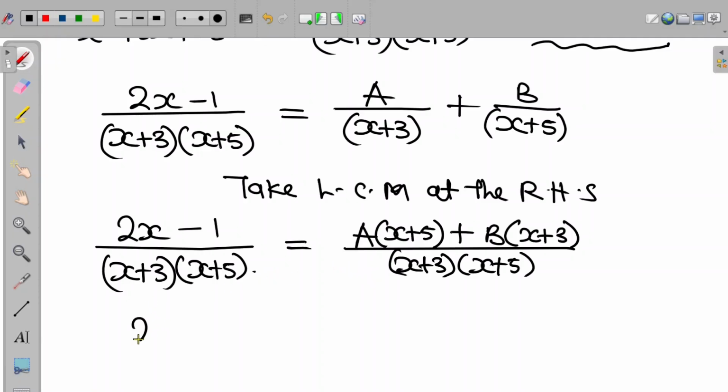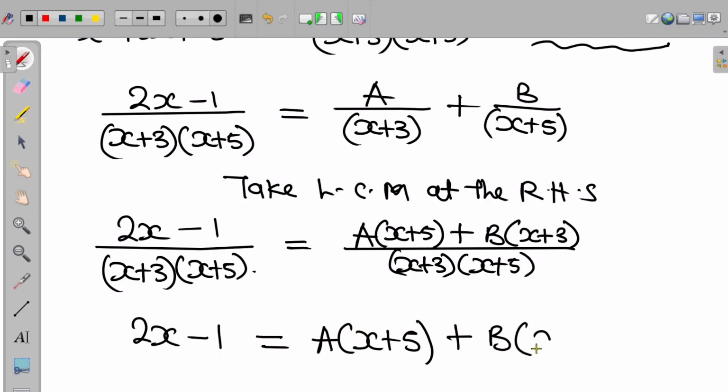So this is 2x minus 1 equal to A multiplied by x plus 5 plus B multiplied by x plus 3. Let's call this equation B, and let's call the earlier one equation A.